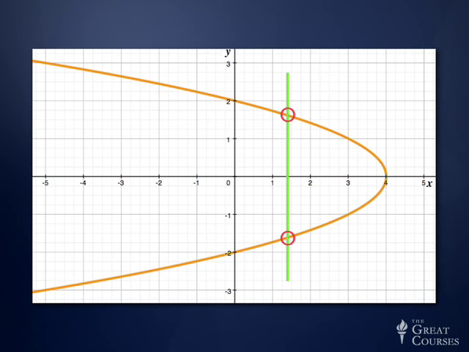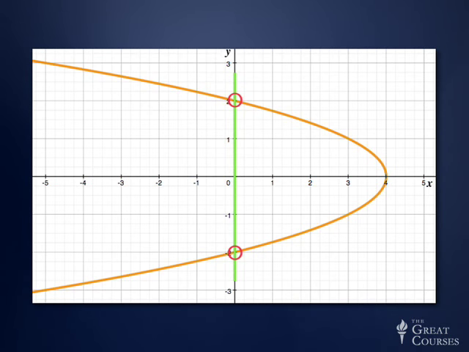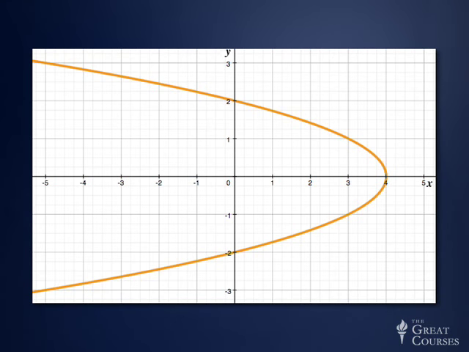It's pretty straightforward, in fact, to see that the y-axis again crosses 2 points on the graph. But it doesn't always have to be the y-axis. As long as you can find one vertical line that crosses the graph at 2 or more points, then that graph cannot represent a function. So this sort of sideways U graph definitely does not represent a function.